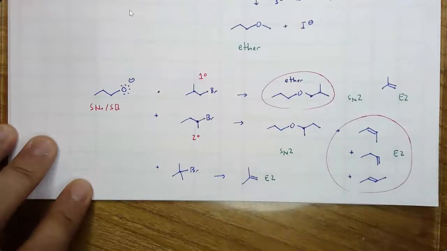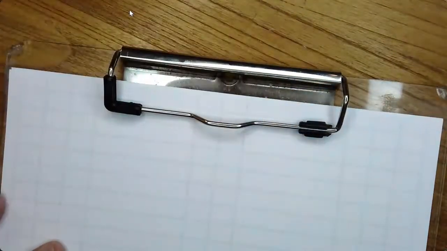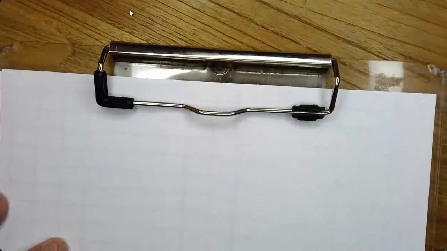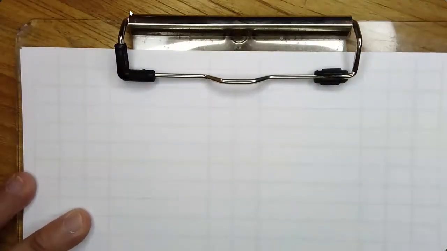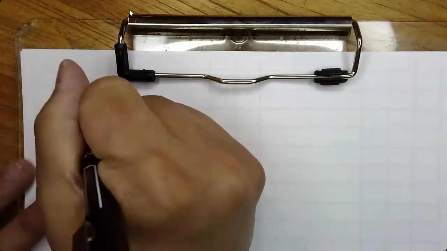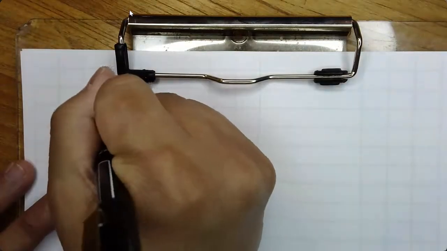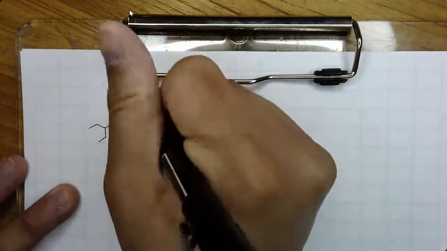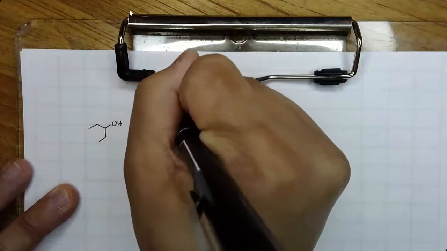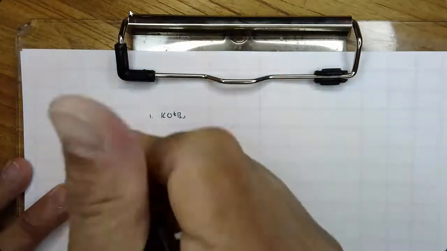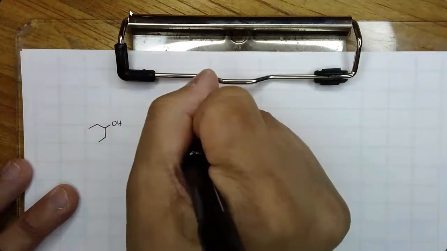Pretty simple. Let me give us a couple more examples, and I do have a synthesis type of question for you all. But before we do that, I think the reaction is pretty straightforward. You just want to do a lot of examples so you get used to the different types of bases that a person can use, like potassium tert-butoxide.